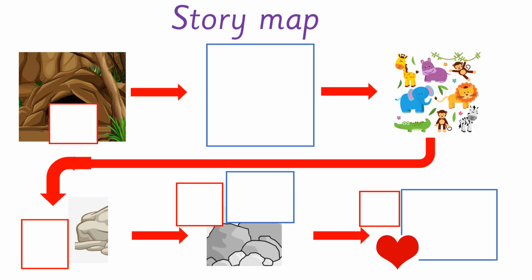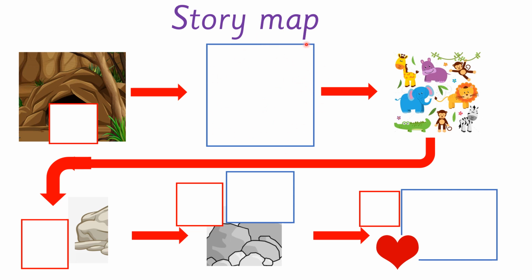And now we're going to go through the story map and remind ourselves of what we need to include in our story. So in the first picture, we're meeting the small character. We're finding out that the small character is sad and maybe why the small character is sad. In the next picture, we're meeting the big character, whatever you've chosen for your big character.